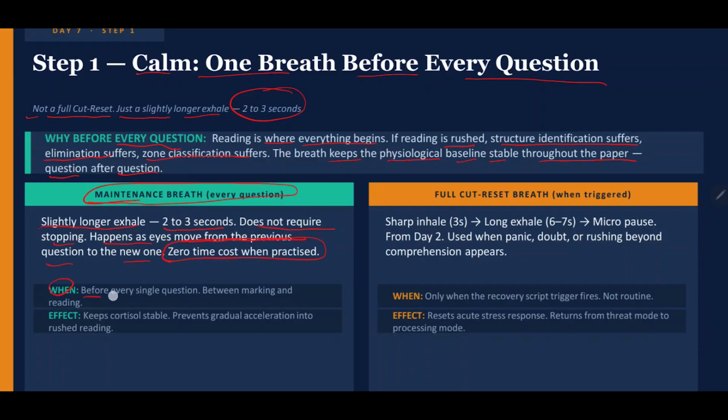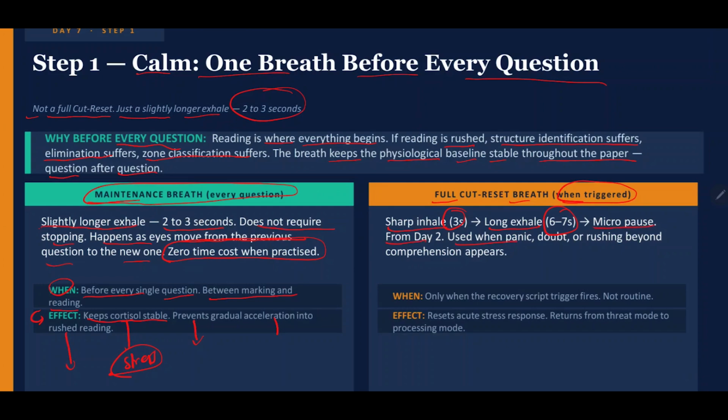Do it before every single question, between marking and reading. What does it affect? It keeps cortisol, which is a stress hormone, stable. It prevents gradual acceleration into rushed reading. And the full reset breath, when is it triggered? Sharp inhale for 3 seconds, long exhale for 6 to 7 seconds through your mouth, then a micro pause, from day 2.